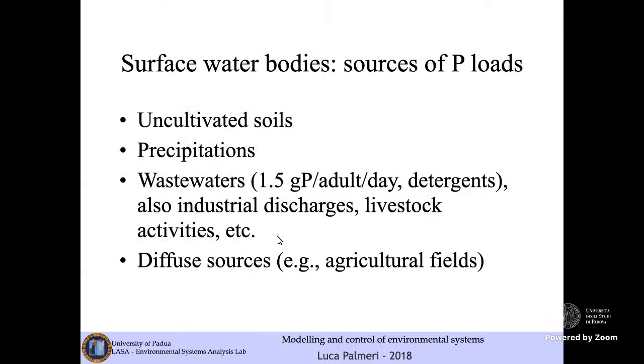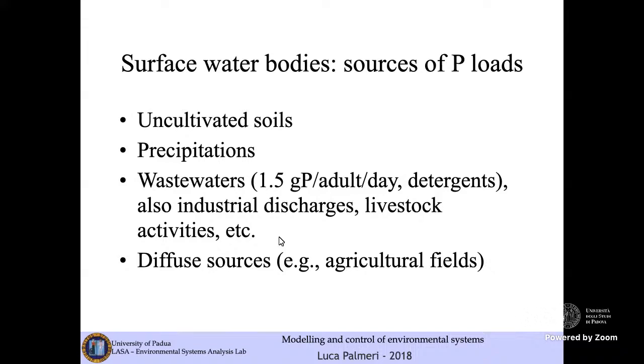So, in surface water bodies, what are the sources of phosphorus inputs? Uncultivated soils, so this is surface runoff, precipitation, that means atmospheric deposition, or wastewater treatment plants.